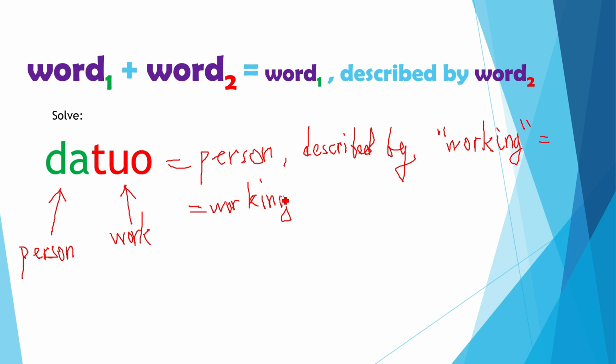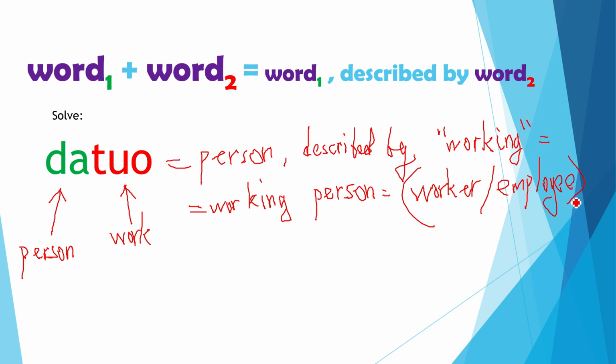Working person, or so we might say worker, for example, or maybe employee or something like that. But let's put that in parentheses because I don't really like those words. So datuo means working person. So it's a person who works. That's it.